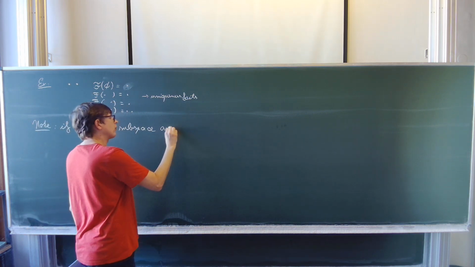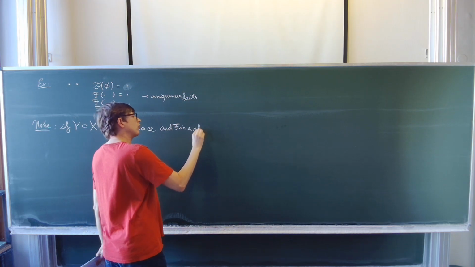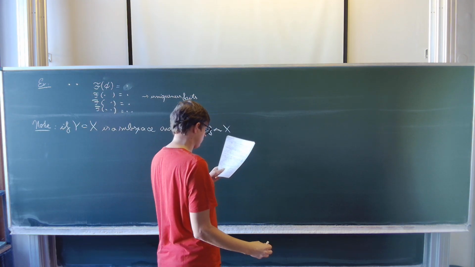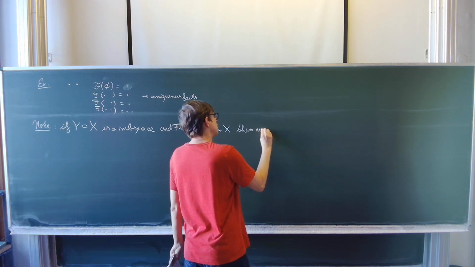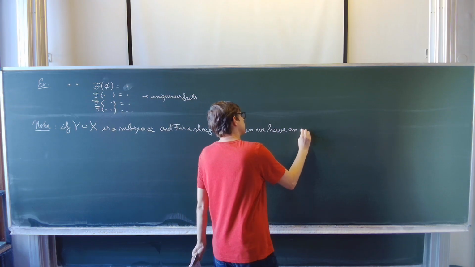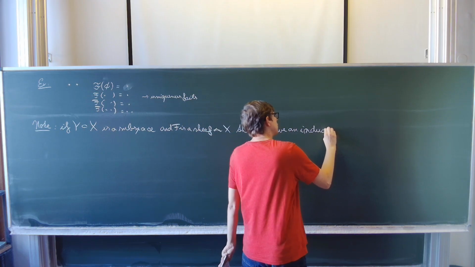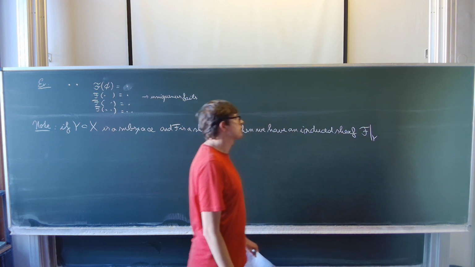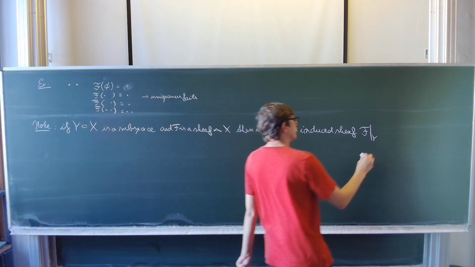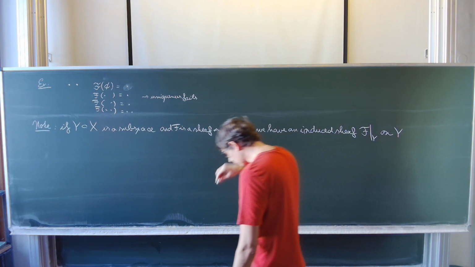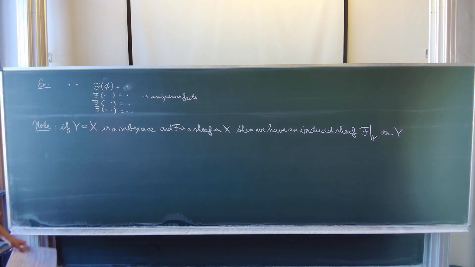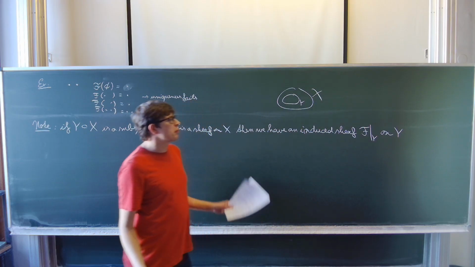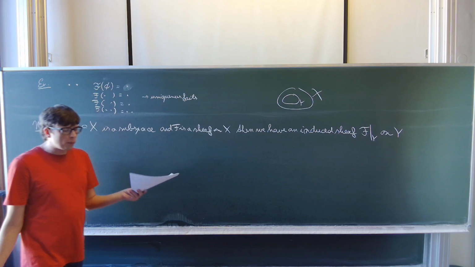If F is a sheaf on the big space X, then we have an induced sheaf, which is F restricted to Y, on Y. Simply, a sheaf should be something that assigns to an open subset some data.